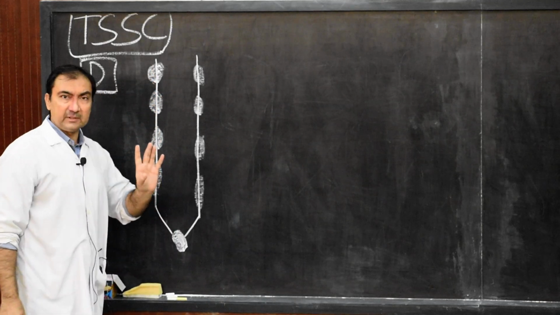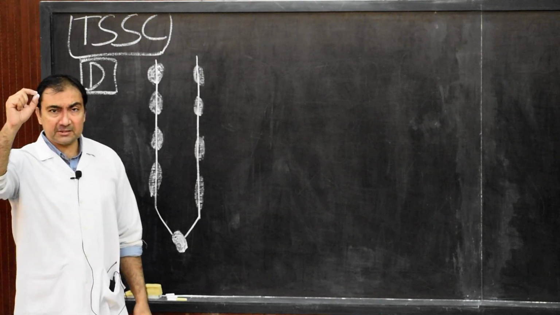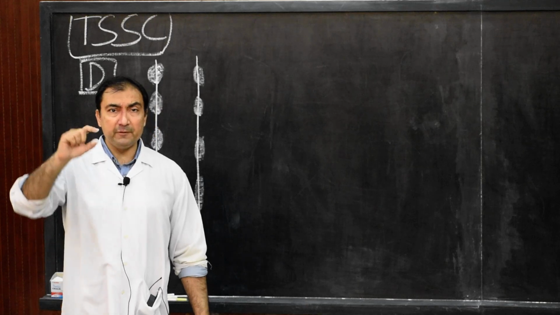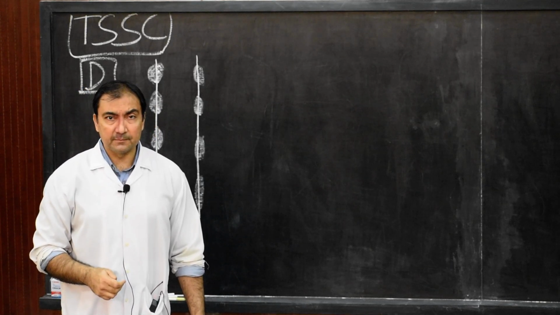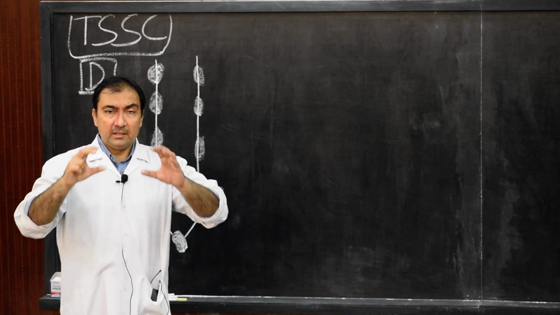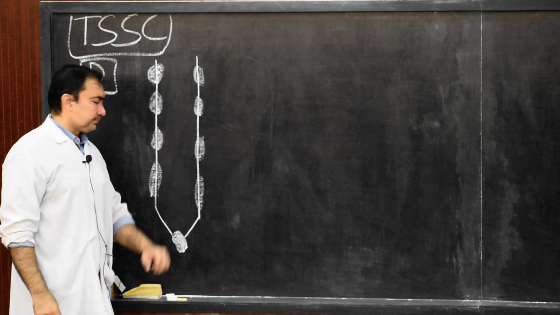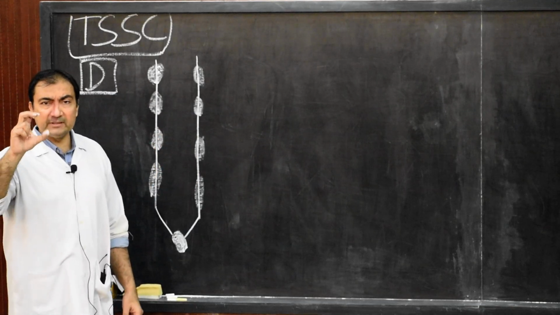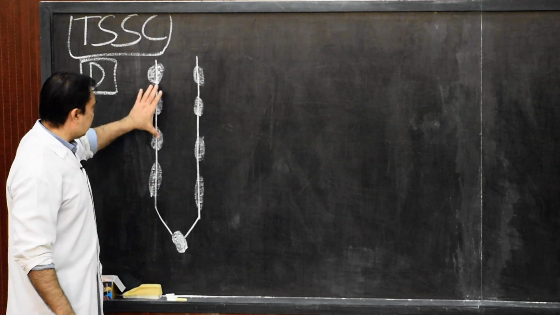So they constitute the thoracic sympathetic chain. In some cases, the first thoracic ganglion will be fused with the inferior cervical ganglion to form the stellate ganglion.